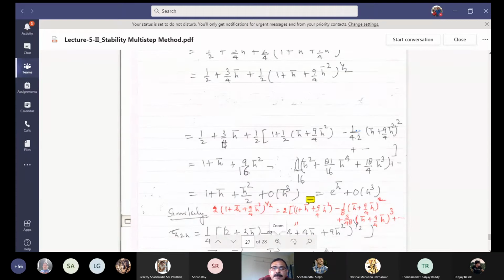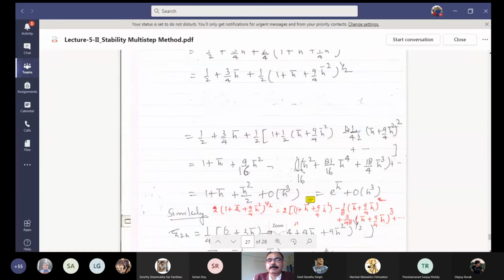So it is this term, then 1 by 2, and this binomial expansion will be written as 1 plus n x, where n is 1 by 2, of this h bar plus 9 by 4 h bar square. So this is the second term. What will be the third term for the 1 plus x to the power n expansion? n into n minus 1 by 2 factorial.